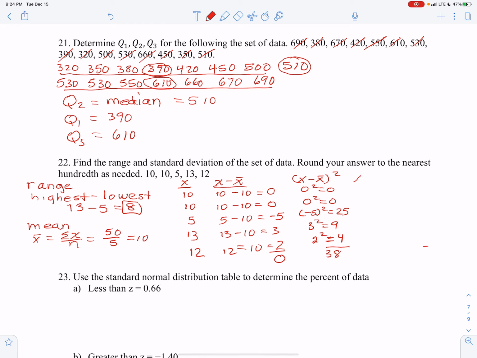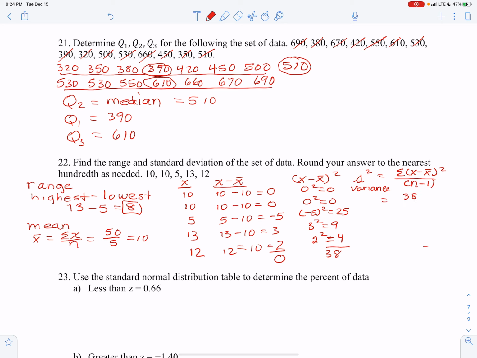We'll call this the variance. We'll take the sum of the squared differences and we'll divide by the total number of values minus 1.